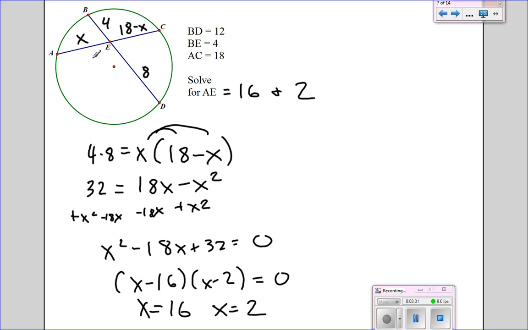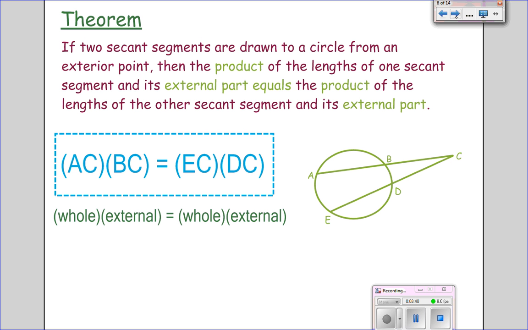So that time we had a factor, and we also had to determine that if the whole thing's 18, then we define one part as x and the other as 18 minus x. All right, another theorem. If two secant segments are drawn to a circle from an exterior point, so we draw two secants, and we stop them at the edge of the circle, then the product of the lengths of one secant segment, so the whole secant segment, and its external part, equals the product of the lengths of the other secant segment, this whole thing, times the external part.